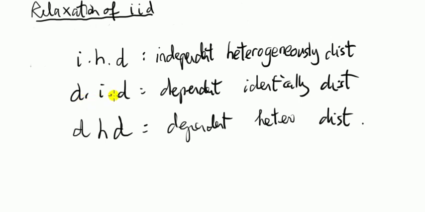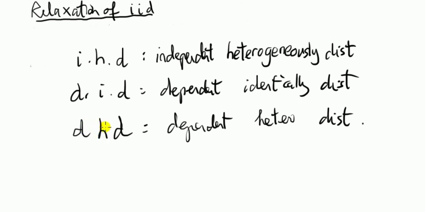Next, d.i.d., dependent identically distributed. So now the outcomes follow the same distribution, they're identically distributed, but the outcome of one could depend on the outcome of the others. And then the final one, you can see I've relaxed everything here. The dependence, I've allowed it to be dependent.